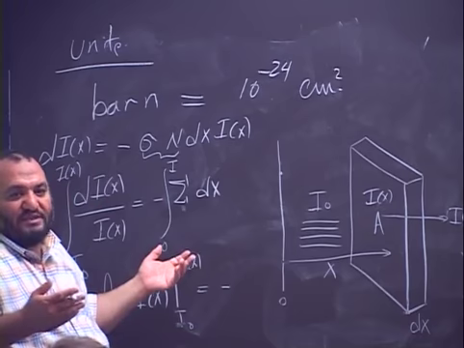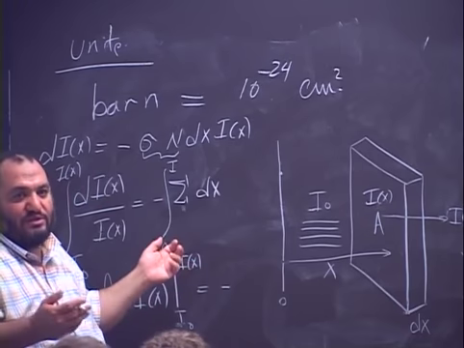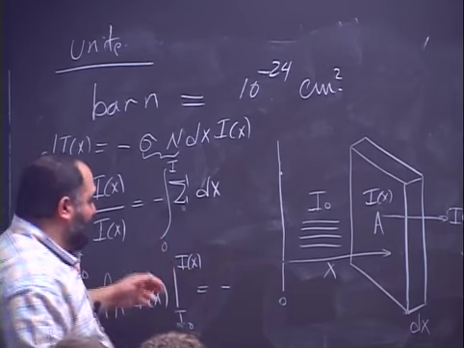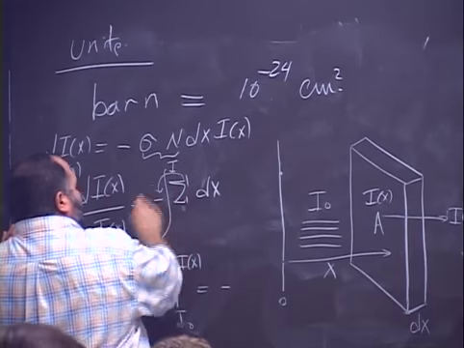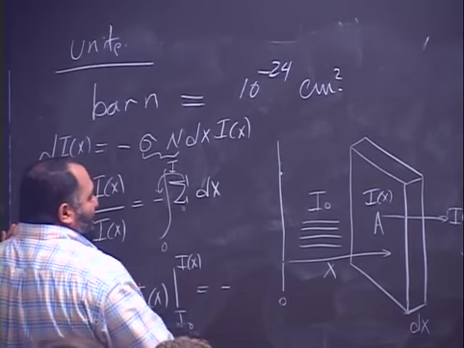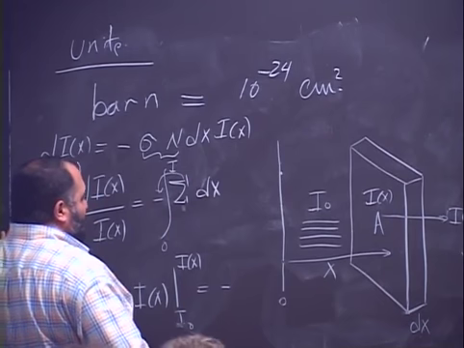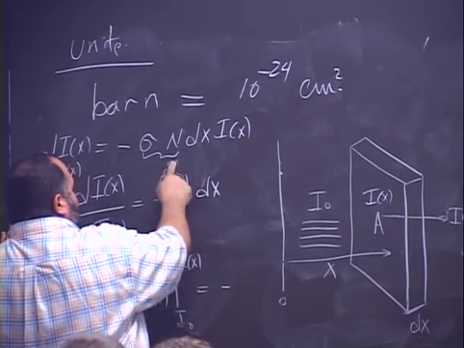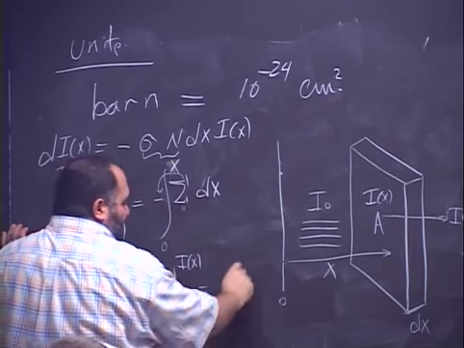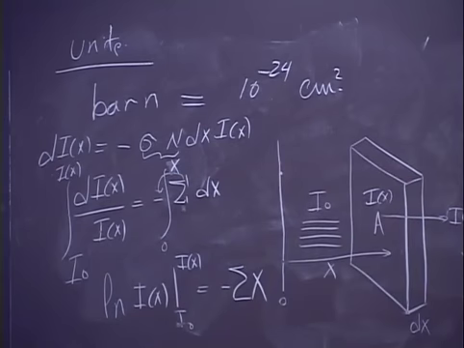Let's say that we have the same material, so the cross-section will not vary with the thickness of the material. So in this case, I can get this one outside, and it will be dx. What's the integration of dx from 0 to x? It is x. So how will you invert this equation? You will just substitute with the upper and lower limits, then invert it.